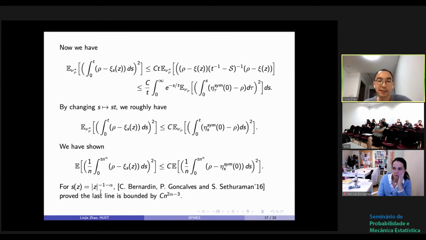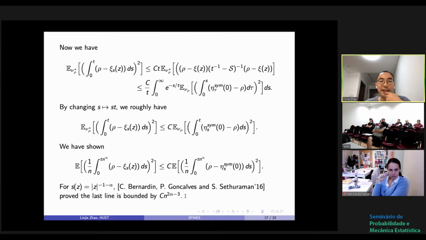Why I assume the symmetric part of S is given by this formula is just for convenience. And they proved the order of this is n^(2alpha-3), and this is why I could only prove the result for alpha smaller than 3/2. So this is a problem.